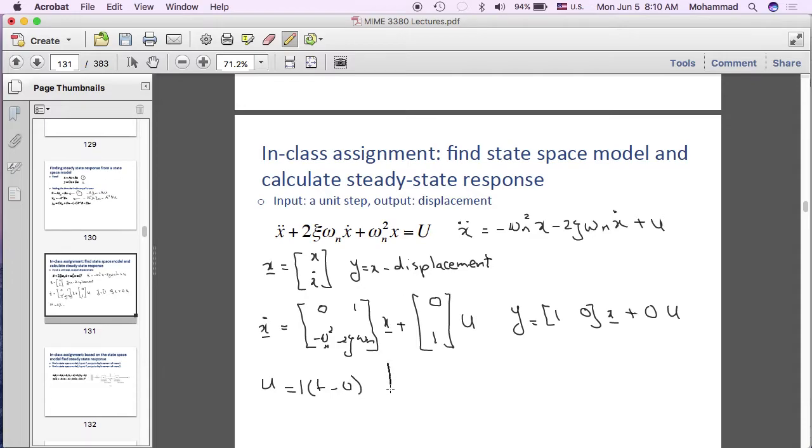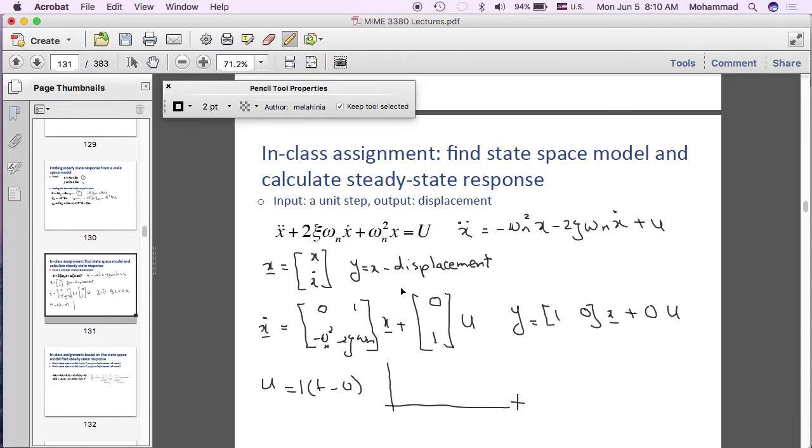It says your input, if you plot it versus time, so if this is u versus time, is this time function. So it's 0 before time 0, and it goes to 1 and stays on for the rest of time. So this value is 1. So this is a unit step input that comes on at time 0.